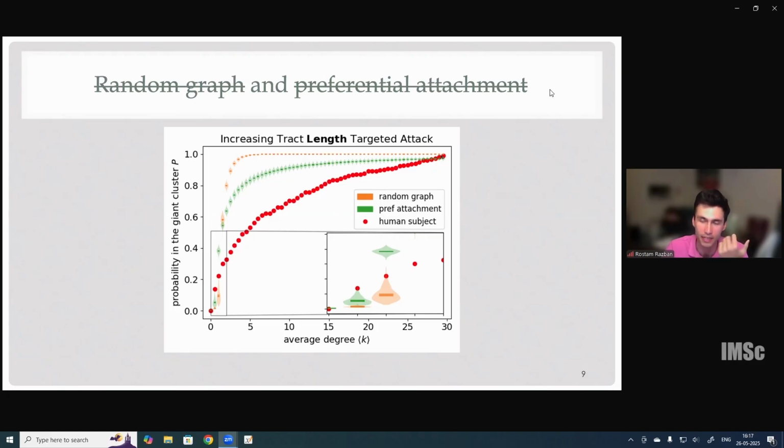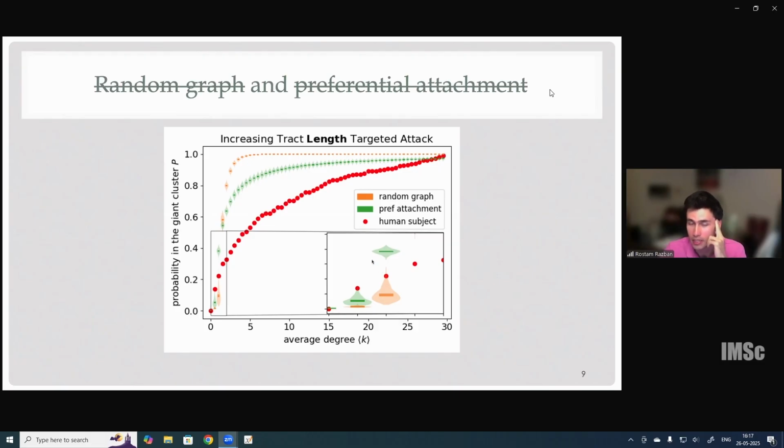I believe it's the 80 or 50-year-old human subject, and just showing the individual data points now a little bit in finer detail. And the remarkable thing is that the random graph is just qualitatively different. And the reason I say qualitatively is not just because the random graph gets to a probability to be in the giant cluster of one really quickly compared to the human subjects data.